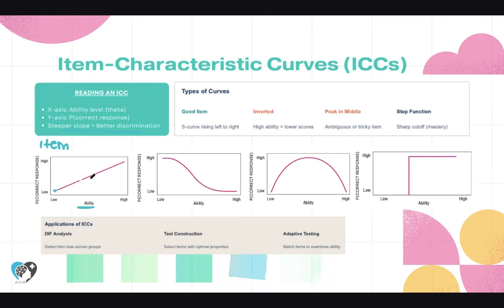The higher the ability a person has, the higher the probability of answering that item correctly. This is what we call good item discrimination.